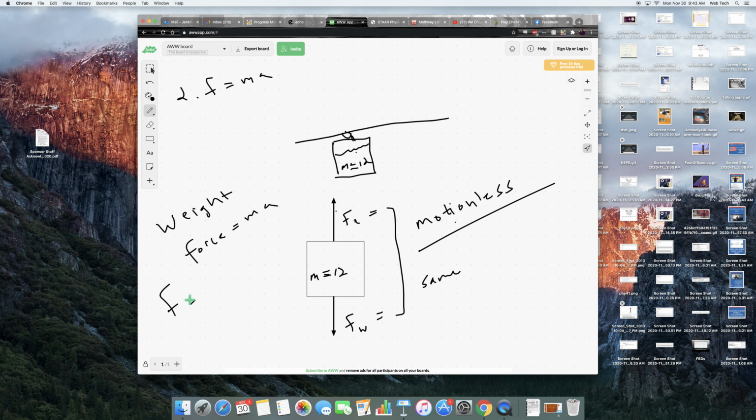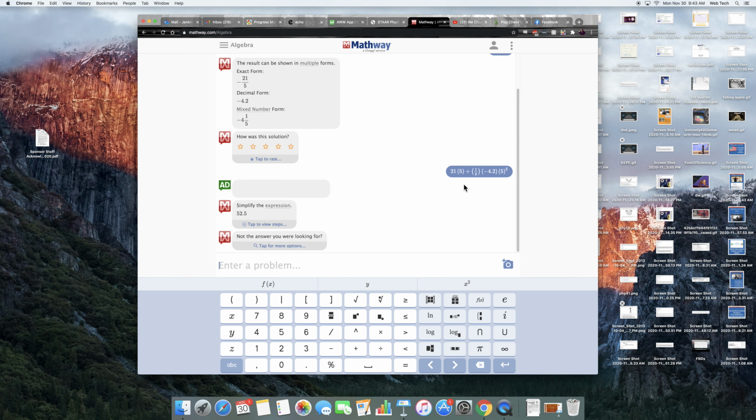So let's find out. What's its mass? 12 times what's its acceleration? Oh, you guys should know. On Earth, you're always accelerating towards the ground at negative 9.8 meters per second squared. All you have to do is multiply those numbers. What is 12 times 9.8 in the negative? 12 times negative 9.8.